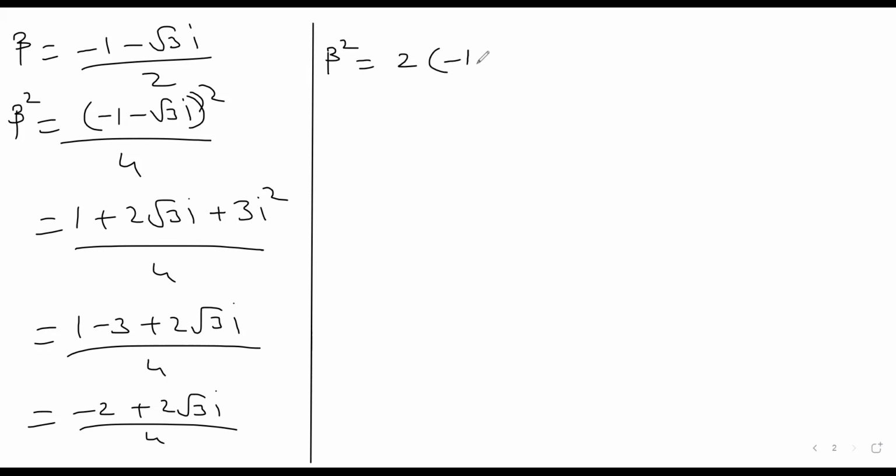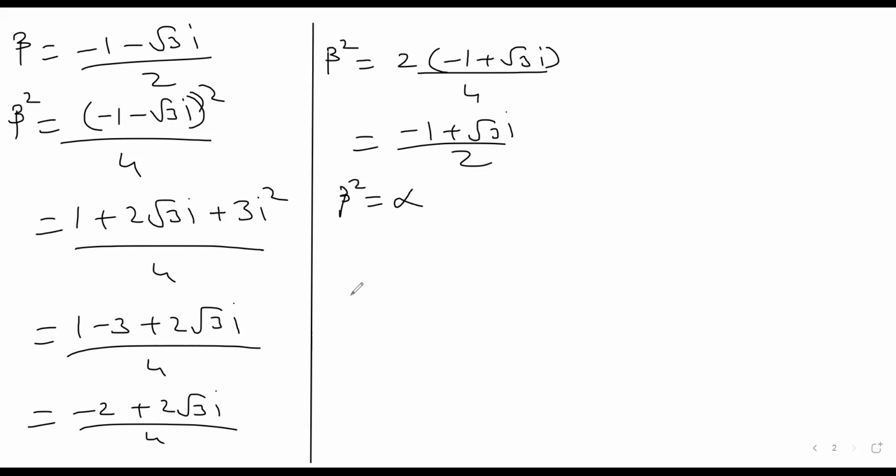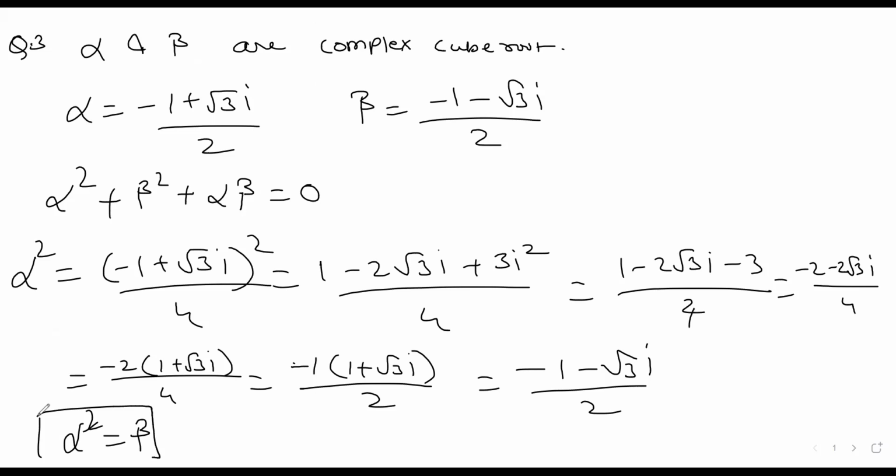This is 2 common, minus 1 plus root 3i upon 4, minus 1 plus root 3i upon 2. I can say beta square is equal to alpha. Now, once it is proved, we can use this identity always. Alpha square is beta and beta square is alpha.